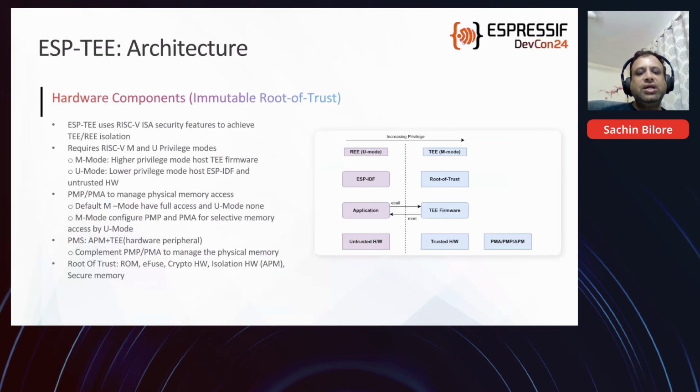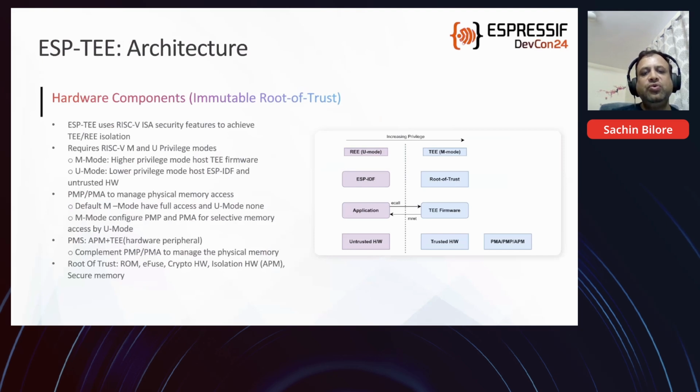We use other primitives, memory protection primitives from the RISC-V architecture, which are PMP and PMA, physical memory protection and physical memory attributes, which are configured to realize the isolation between TE and RE.